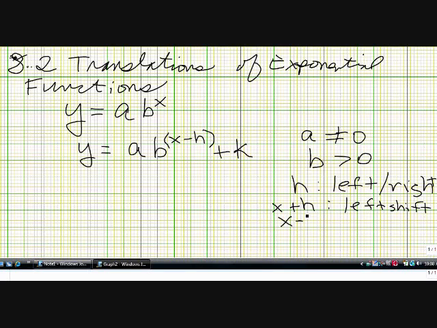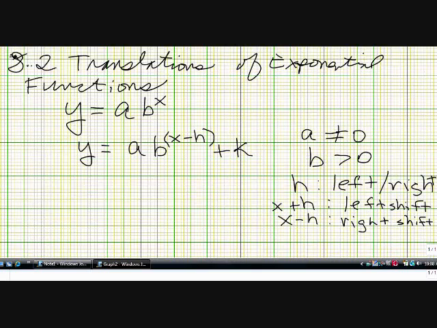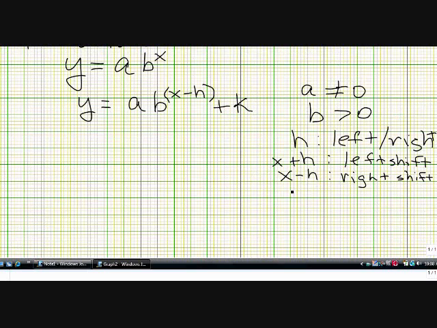If I write x minus h, that's a shift to the right. That one always goes in the opposite direction because of the minus h in the formula. And then my k is my up-down. So positive k goes up, negative k goes down, just like we've always done. That's the easy shift. Don't have to think it backwards.